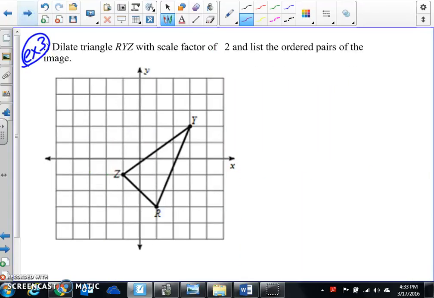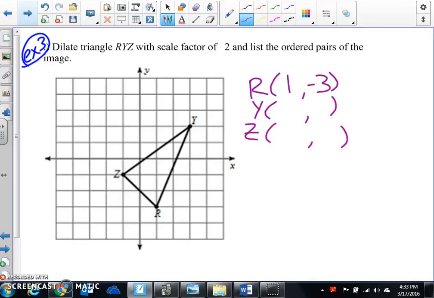All right, we're going to dilate this triangle with a scale factor of 2. So it's a whole number, so we know it should be larger. So let's go ahead and write our R, Y, Z. Okay, so our R is currently at 1, -3.